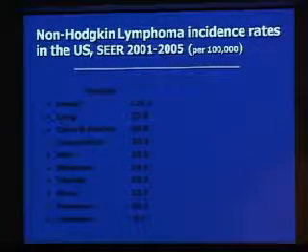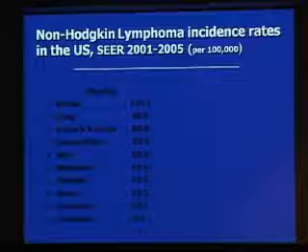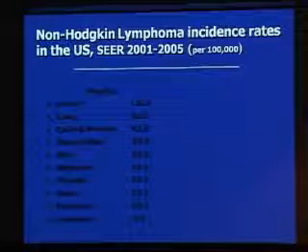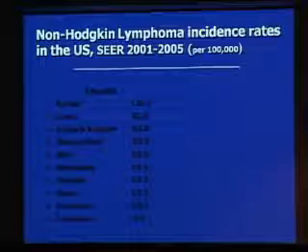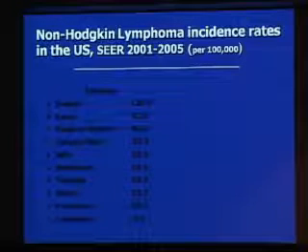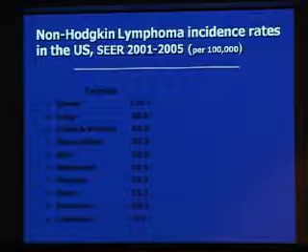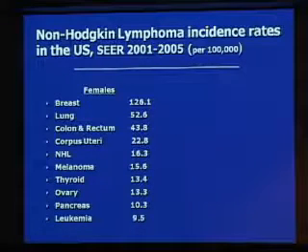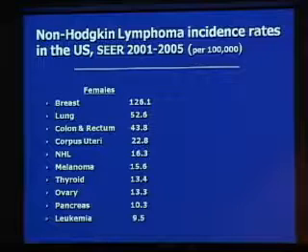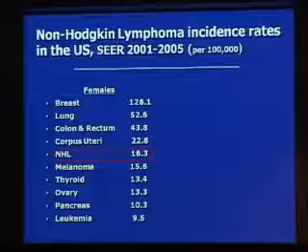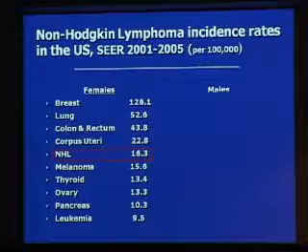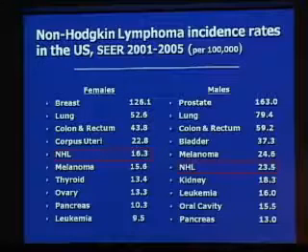This is the data from the United States, the SEER program. The tumor registry program is very popular right now in the United States, and I think almost every cancer researcher is familiar with it. From 2001 to 2005, the most updated data sets, you can see non-Hodgkin lymphoma among women is the 5th leading cause of cancer, and among men it is the 6th leading cause of cancer.